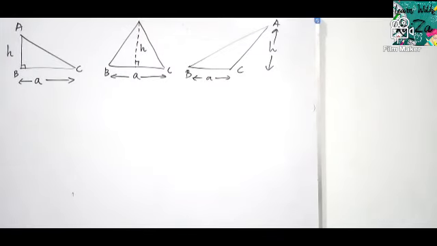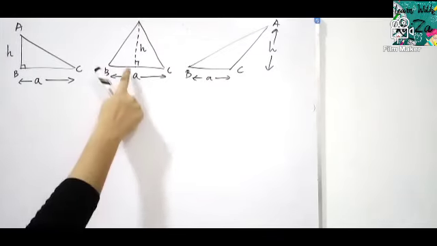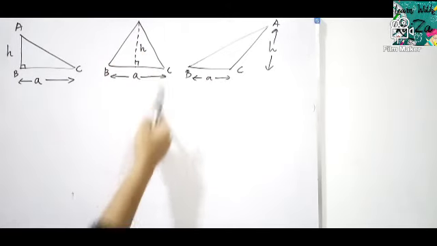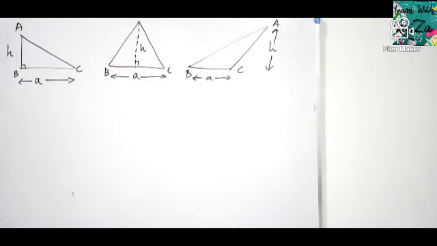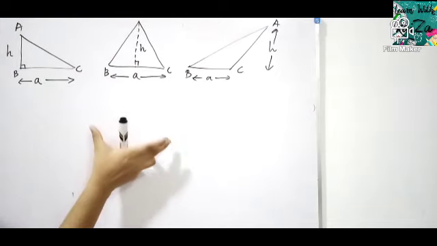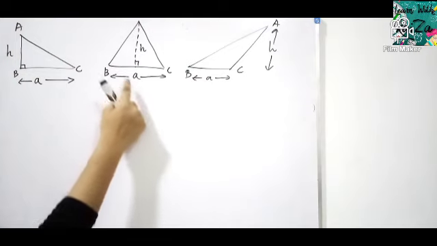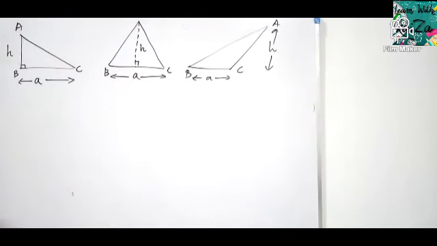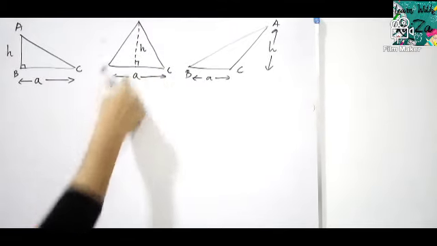When selecting the base of a triangle which is not right angled, where the perpendicular can be drawn without producing the base, select the side which is opposite the largest angle of the triangle as the base. So we can consider this as the base of this triangle.